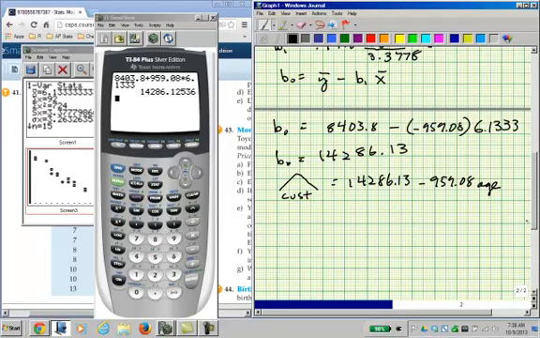And what's the meaning of b sub 0? Here's b sub 0. That's how much a car costs when its age is 0. And that makes sense. And then for every year the car ages, it loses about $960 in value.